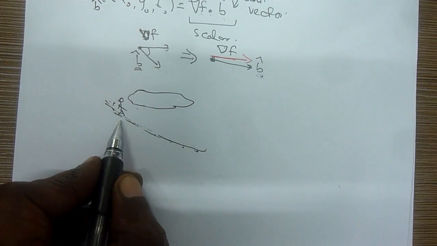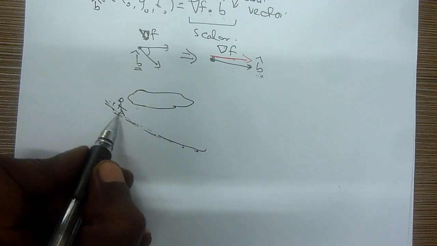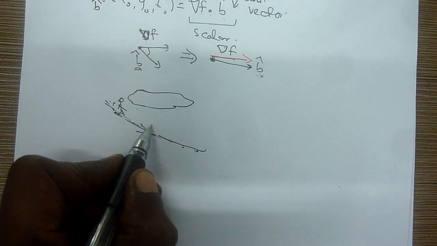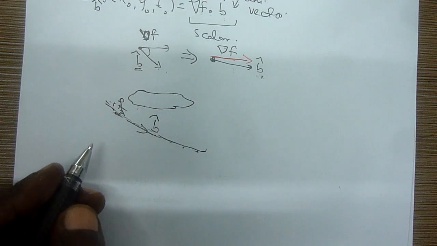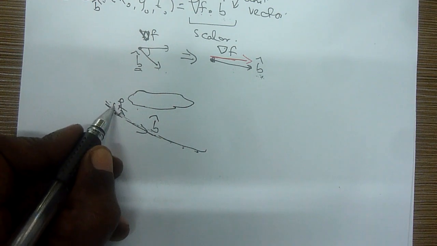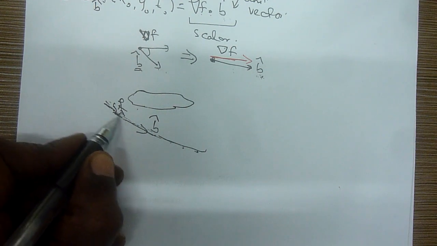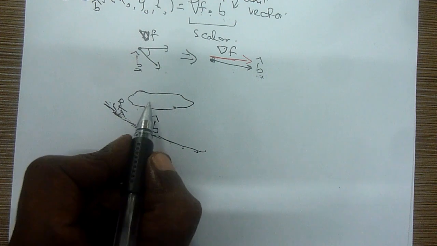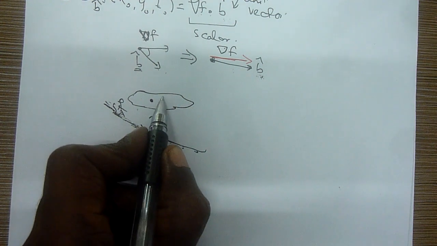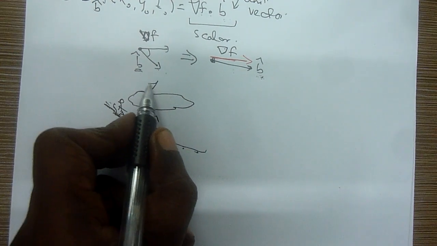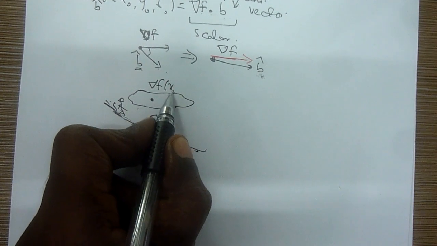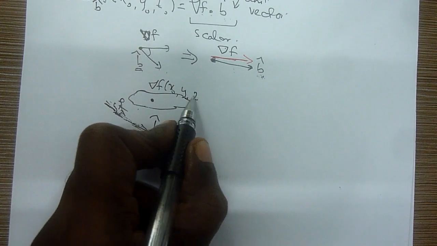Now let's say I call this b, a unit vector. I'm using this as the smallest unit. I'm picking this direction as the smallest unit, and I wanted to calculate one single point of f here. I call it x naught, y naught, z naught.